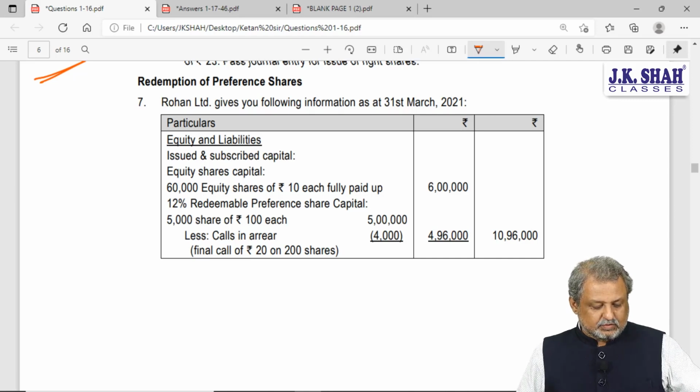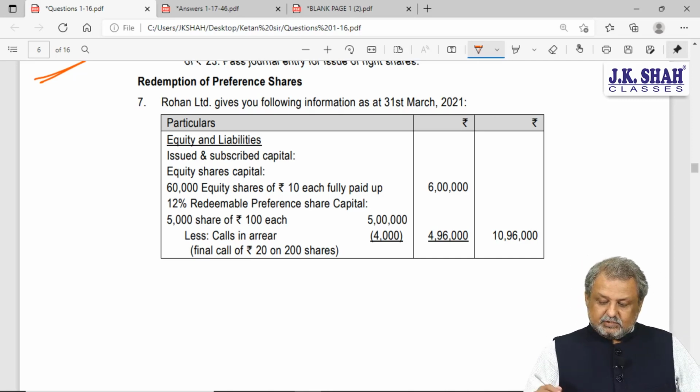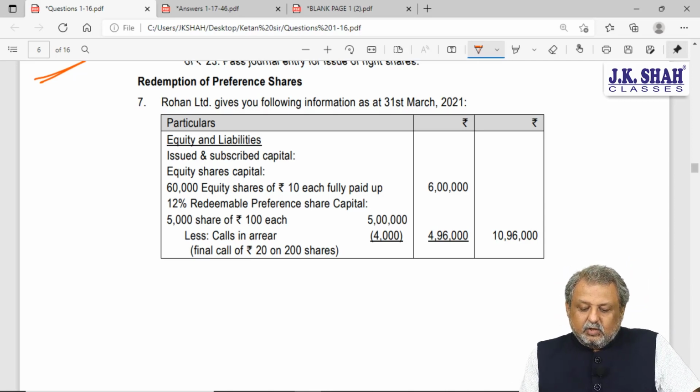Okay, one small point. So first let us look at the question. Rohan Limited gives you the following information as on 31st March 21. So balance sheet is given, equity shares, 60,000 equity shares of 10 each fully paid, 12% redeemable preference share capital, 5,000 shares of 100 each, less calls in arrears, final call of 20 on 200 shares.